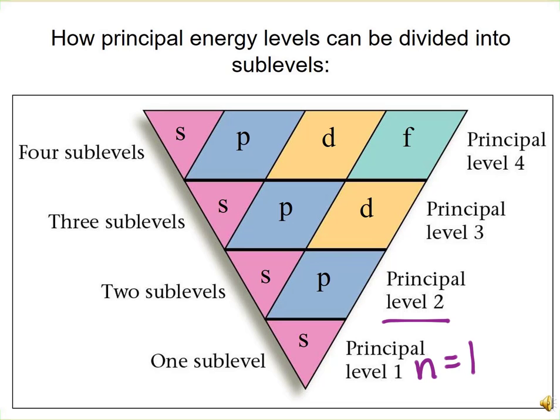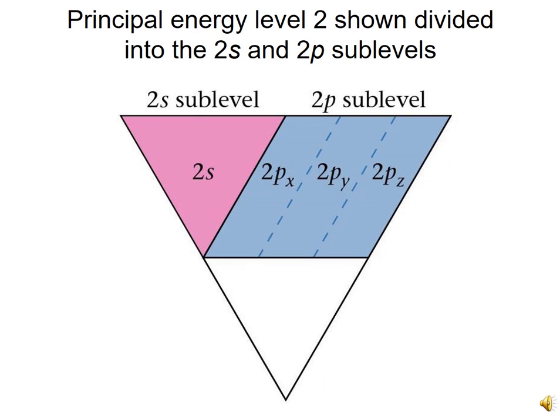And so that gives me 2 sublevels. If I have n equals 3, I can have a 3s, a 3p, and a 3d, but there's no such thing as a 3f, so it stops there. So only 3 sublevels. And then if I have n equals 4, I can have a 4s, a 4p, a 4d, and a 4f.